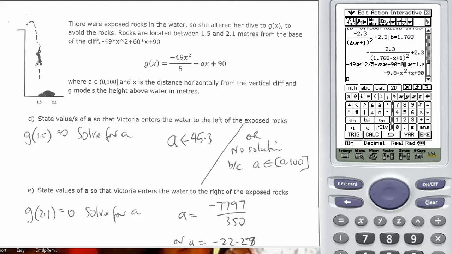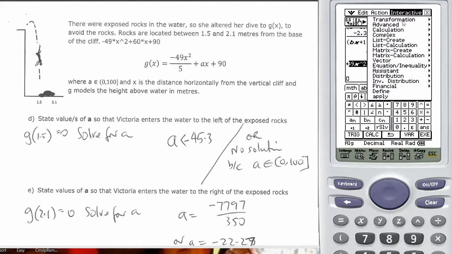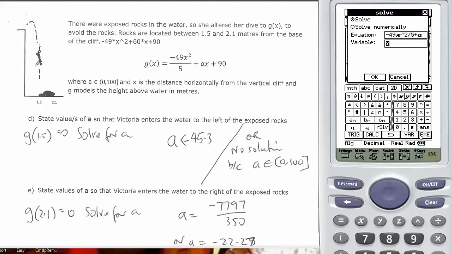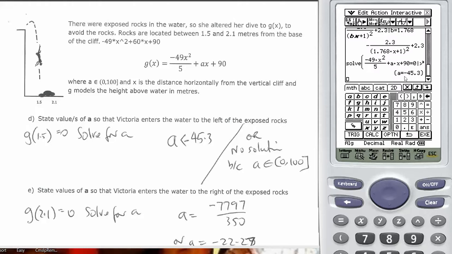So the height is equal to 0 when x equals that. I select it, interactive, advanced, solve for a, and a equals this.